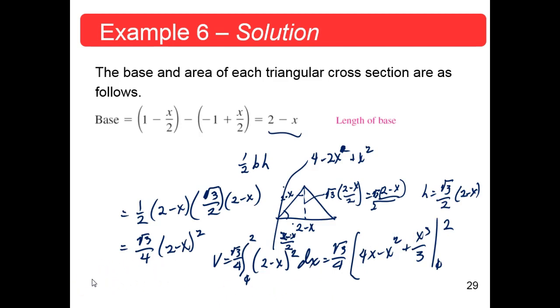Sorry, I had to go back and check and make sure I had done it right here. This is square root of 3 over 4, times 8 minus 4 plus 8/3. Okay, so that'd be 4 plus 8/3.